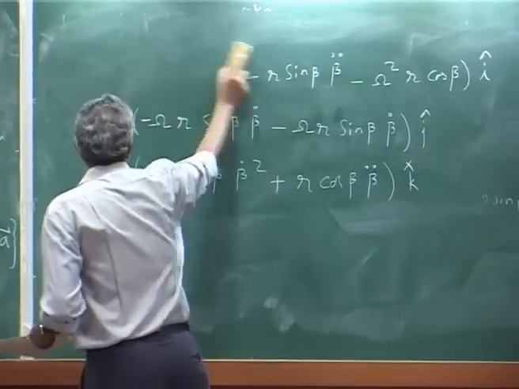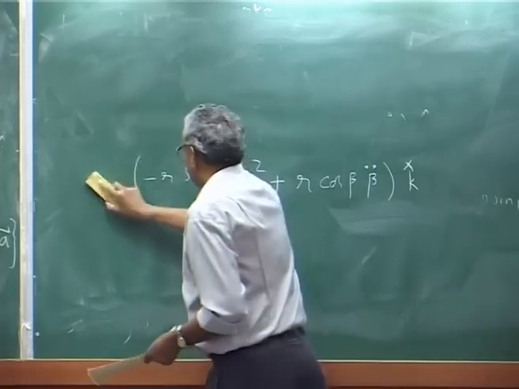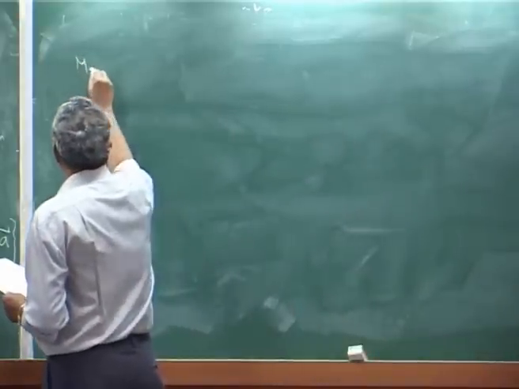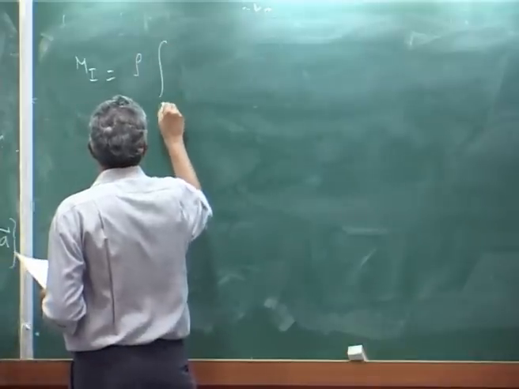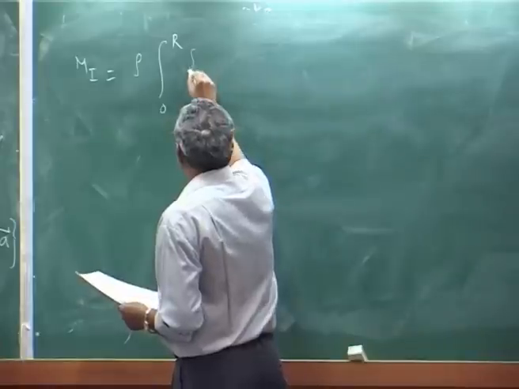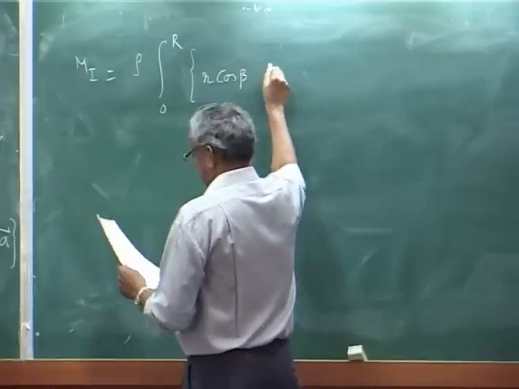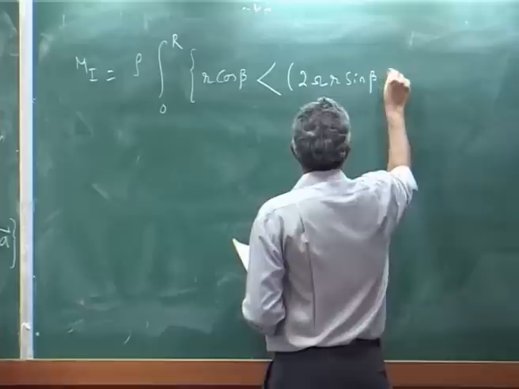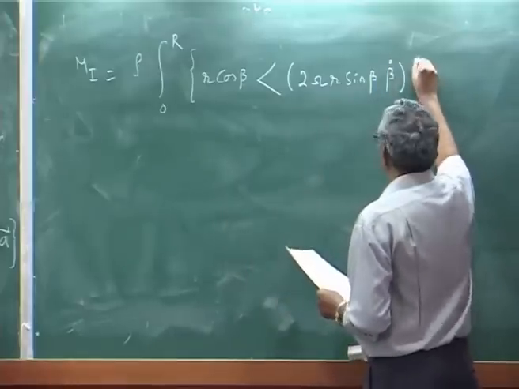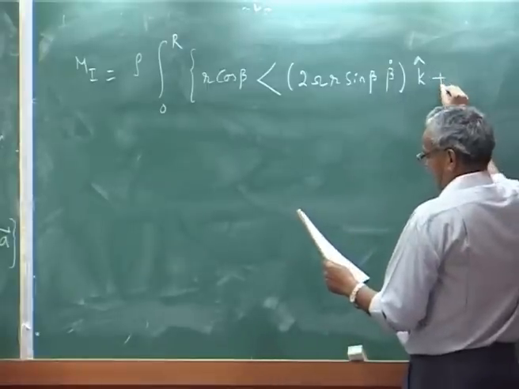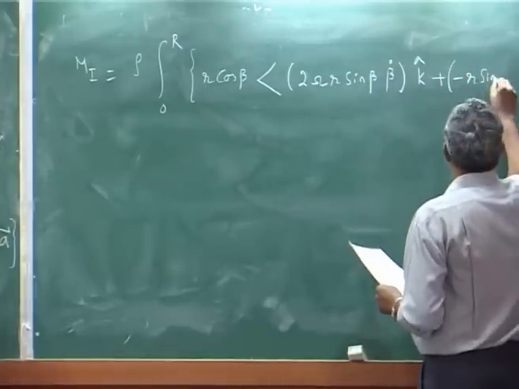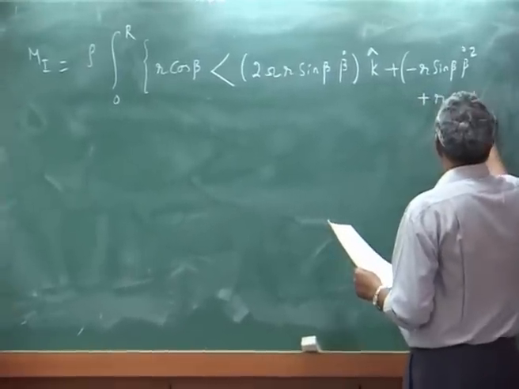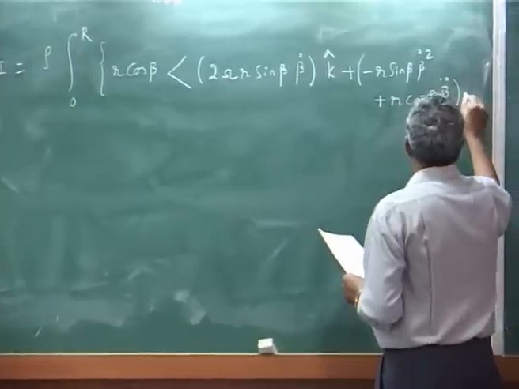Maybe I erase this part. You will have M_I equals rho integral from 0 to capital R of, cosine beta times omega r sine beta beta dot k, plus minus r sine beta beta dot square plus r cos beta beta double dot j.